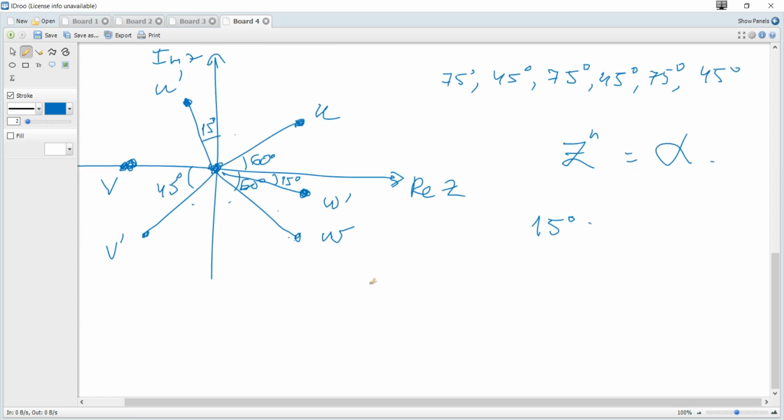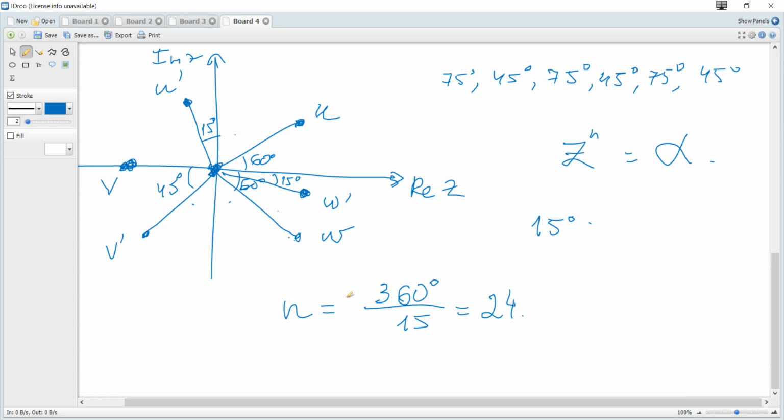And then 360 divided by 15 is 24. So the least possible value of n is 24.